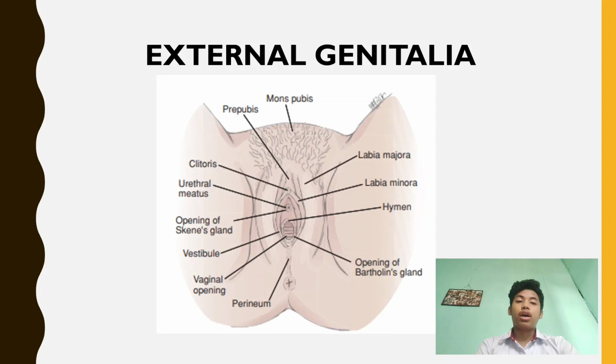On either side of and slightly posterior to the vaginal orifice, between the vaginal orifice and the labia minora, are the openings to Bartholin's glands. So these glands secrete mucus which lubricates the area during sexual intercourse. These small glands, which are not visible to the naked eye, are often referred to as the greater vestibular glands.